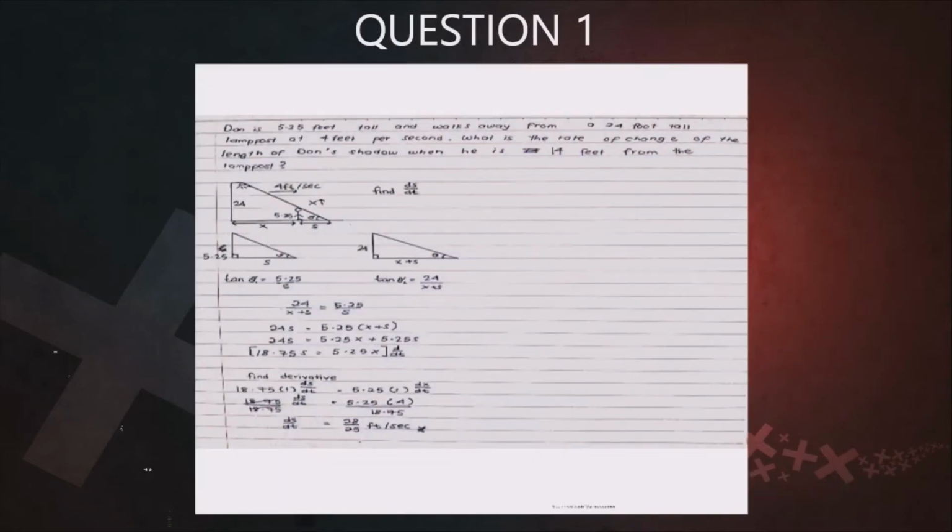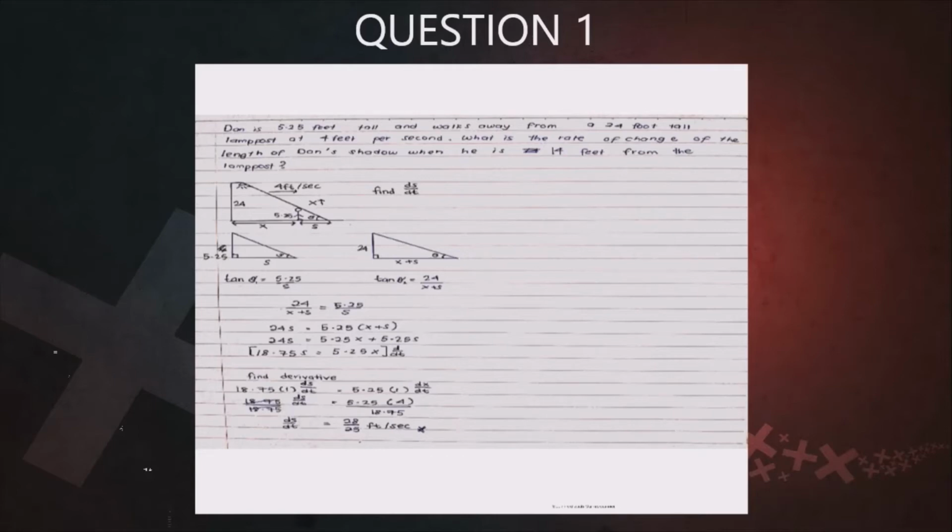From the diagram here, it is better to draw a diagram to make it easier. From the big triangle, we can separate it into 2 small triangles, and from these triangles, we can get the information. So the first triangle, tan theta equals 5.25/s, and the second triangle, tan theta equals 24/(x+s).